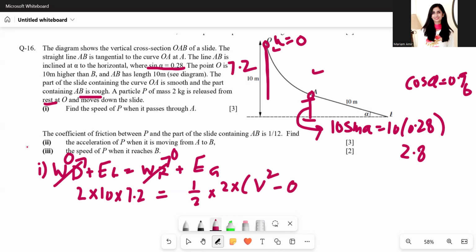Bigger speed would be v, smaller speed is 0. Solve this and get the value of v. This comes out to be 12.